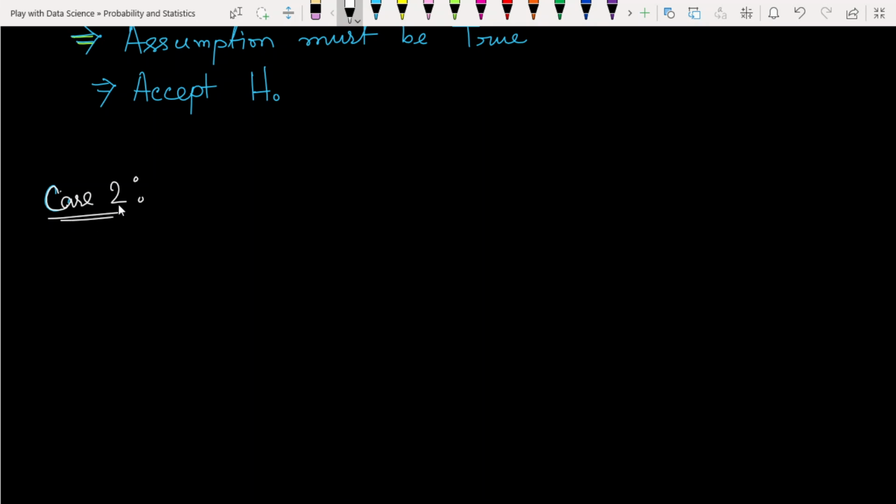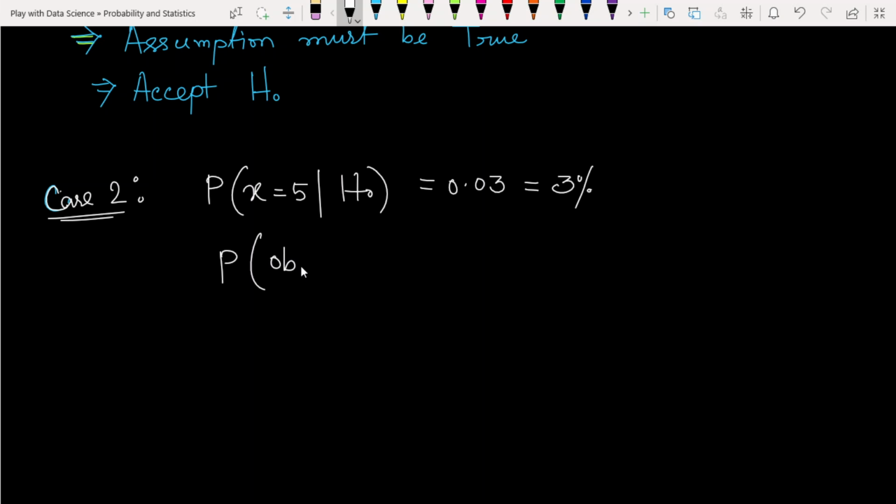Let's try to understand it. Suppose we got the probability of x equal to 5 centimeters, on the assumption of the null hypothesis, as 0.03, meaning 3%. This is the probability of the observation that we observed from our sample mean, on the assumption of the null hypothesis.